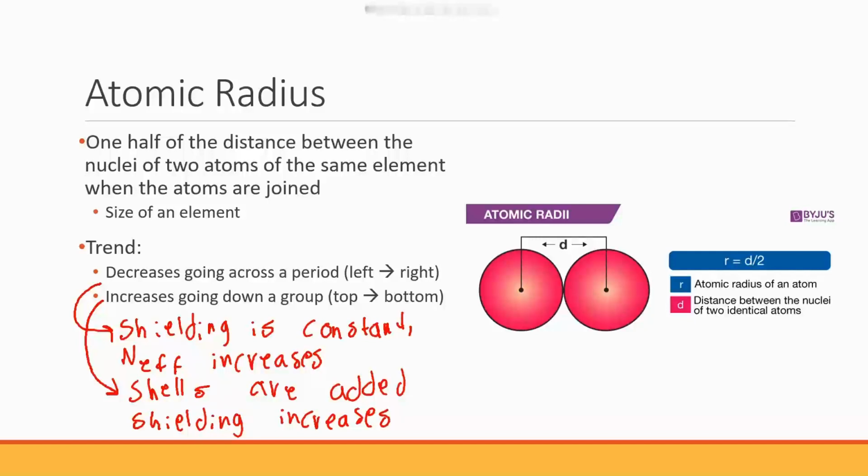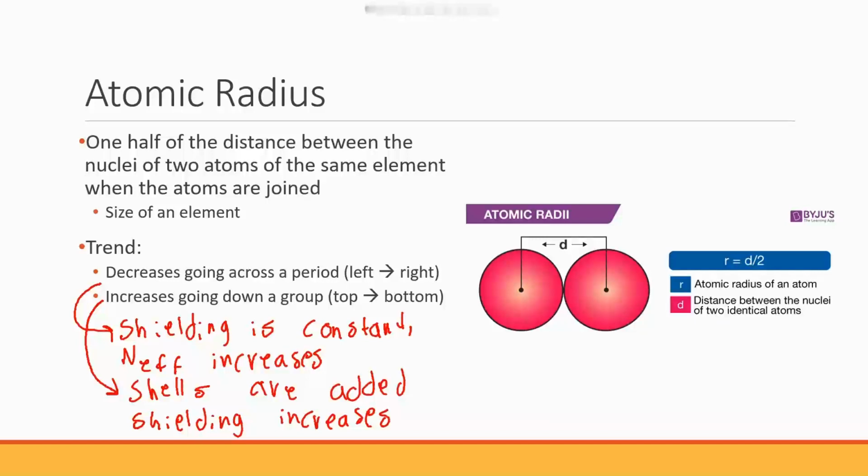So those valence electrons or those shells will begin to compress themselves. Meanwhile, as you go down a group, if you add more shells to an element, then you're going to expand the radius of it. And also, as you increase the shielding, the attractive forces end up being lowered.